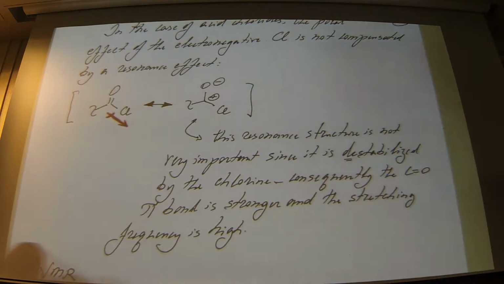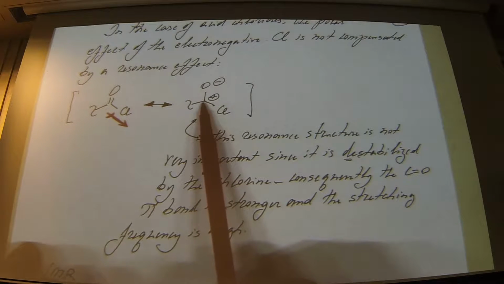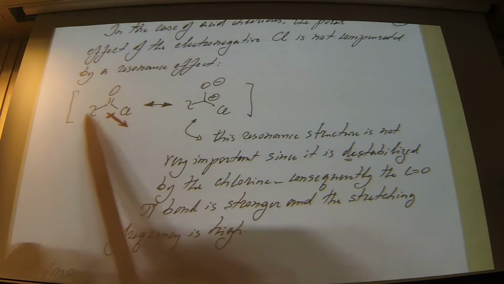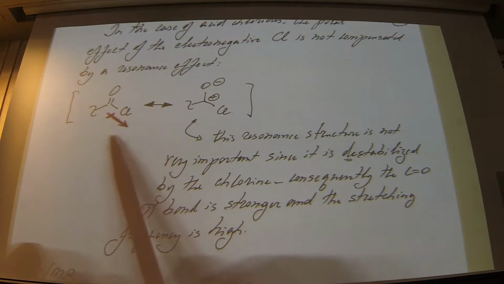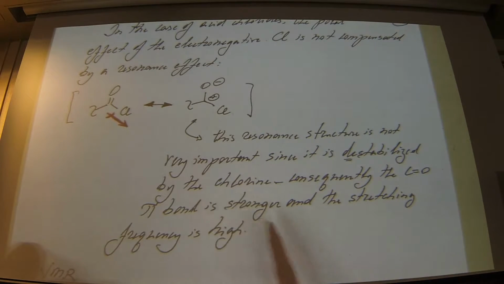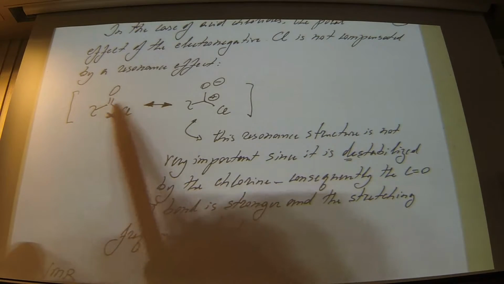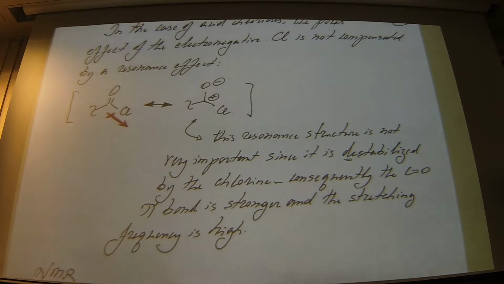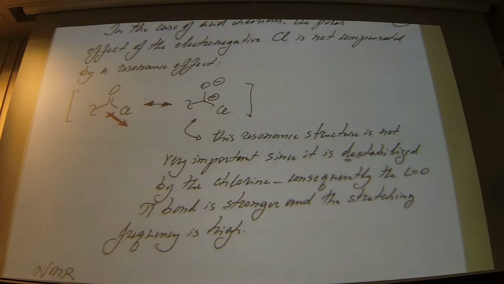Well, because that chlorine is sucking electron density out of a carbon atom that's already positively charged, which means that this is the major resonance contributor in the case of an acid chloride. And so you have the full double bond character. This doesn't contribute. And that's why the pi bond is short and strong.